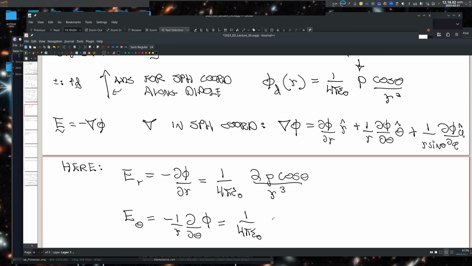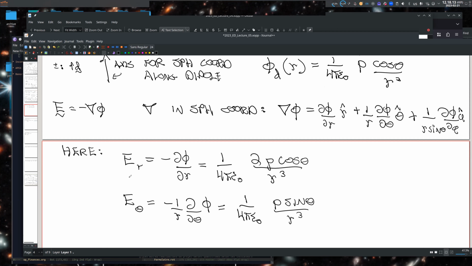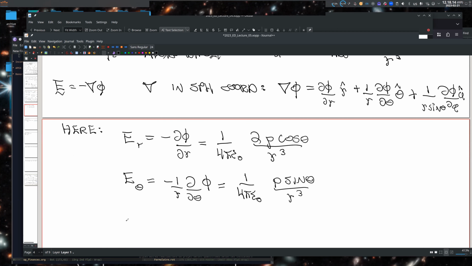And here I just get p sine theta divided by r cubed. And the other component, along the azimuthal angle phi, is again just the derivative here, but there's no dependence on phi, so this one is 0. There's nobody there.